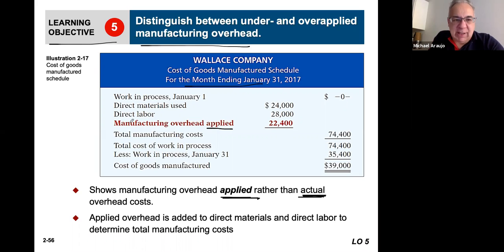So this particular objective looks at distinguishing between the two and seeing how we did. How do we do? Well, we either under-applied or over-applied the overhead. And I'll explain that in a moment.